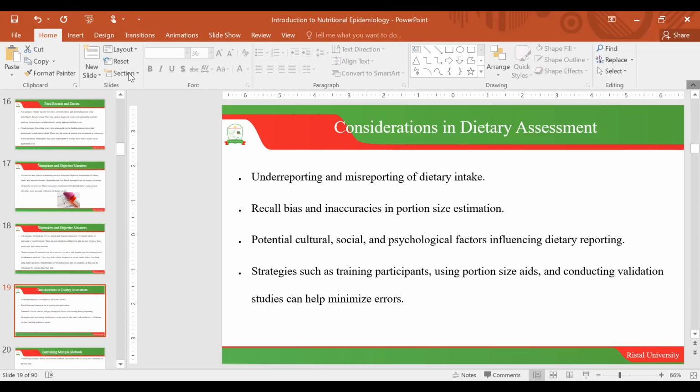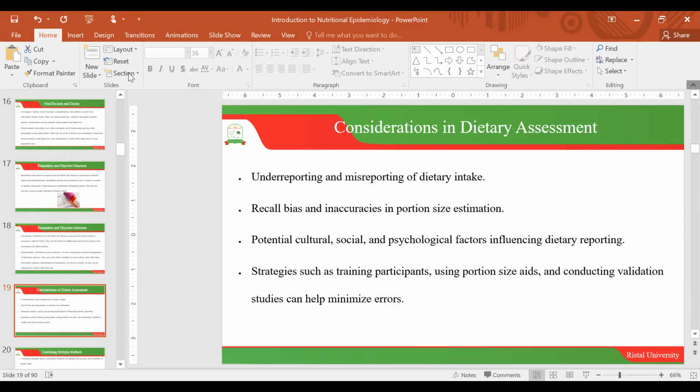That will help you determine what approach you're going to use. You will look at problems associated with dietary assessments: the issues of bias, underreporting and misreporting, and potential social, cultural, and psychological factors that may influence dietary reporting.